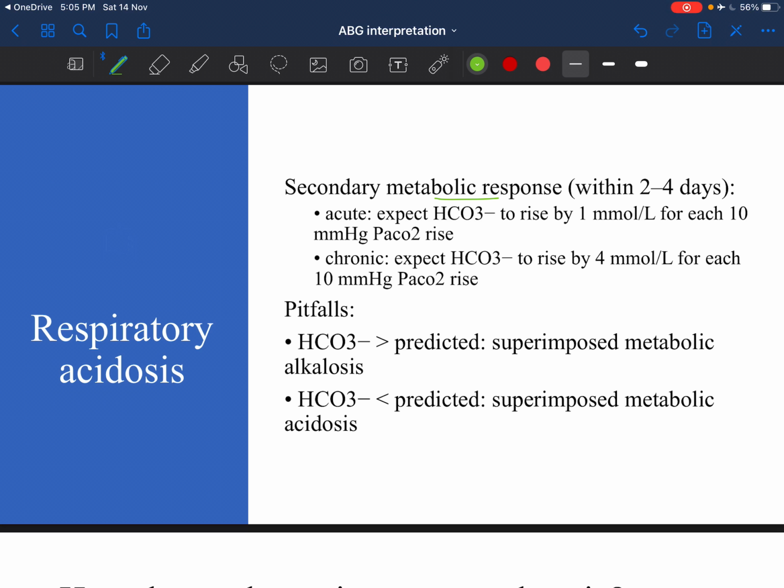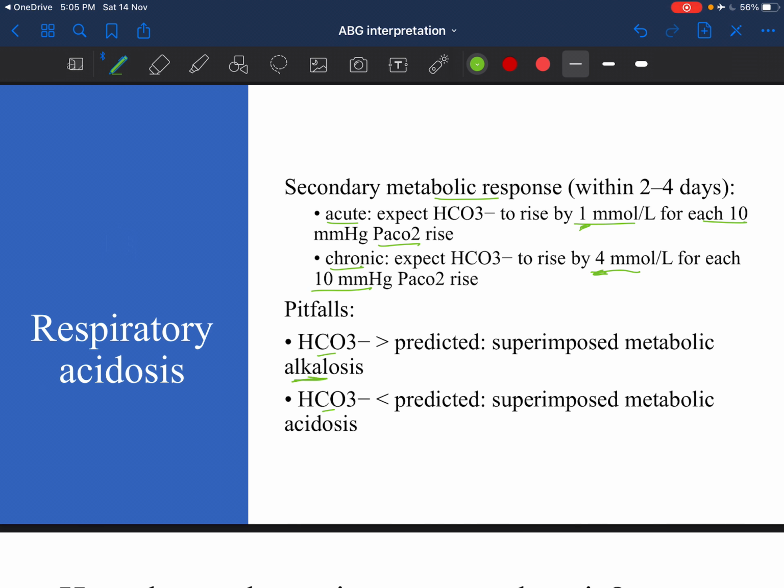If it is acute respiratory acidosis, your bicarbonate will rise by 1 millimole per liter for each 10 mmHg PaCO2 rise. If it is chronic, the rise will be 4 for each 10 mmHg PaCO2 rise. So, 1 and 4.